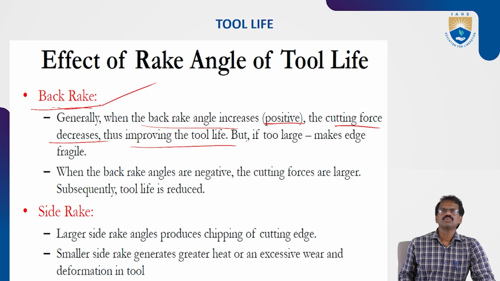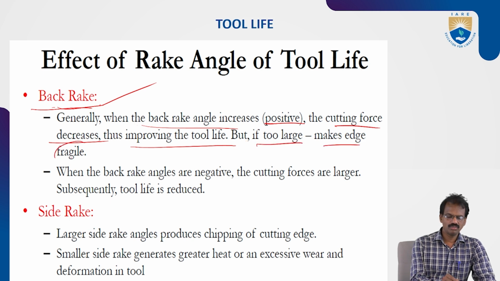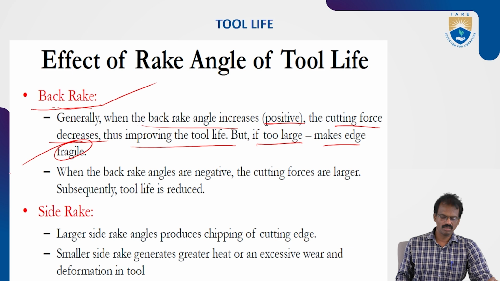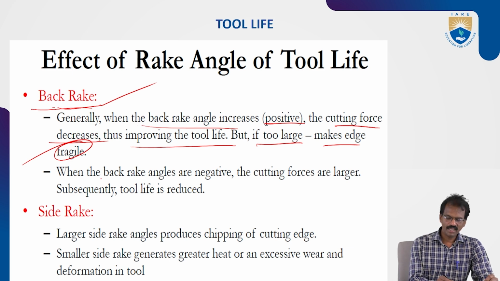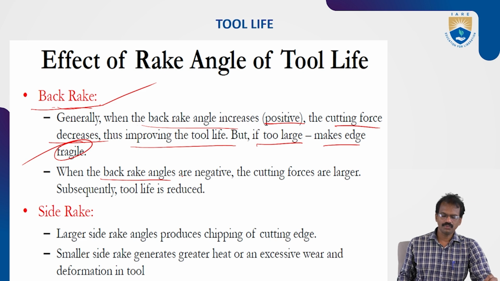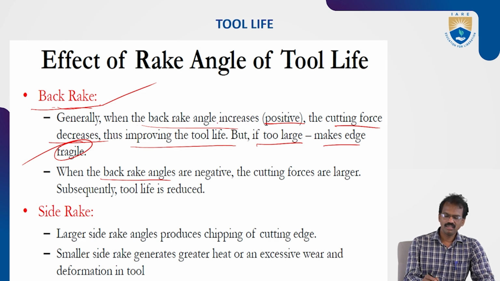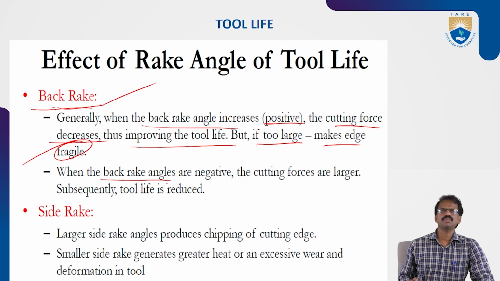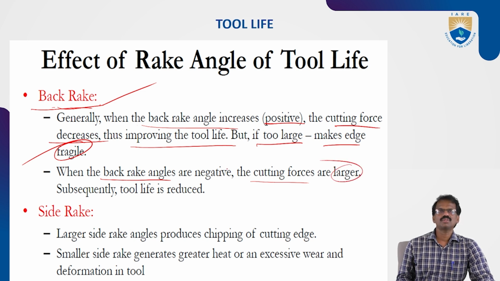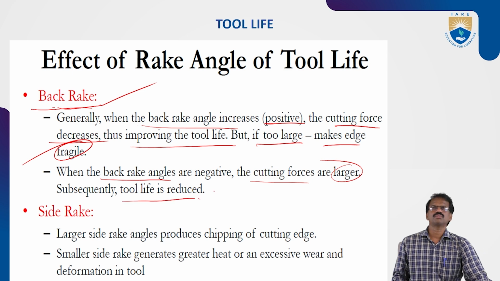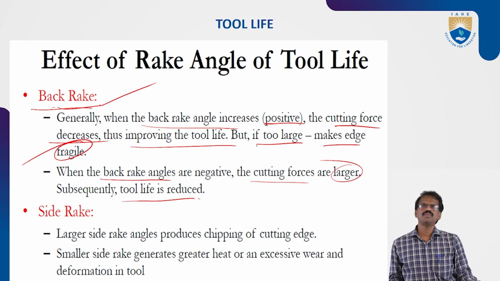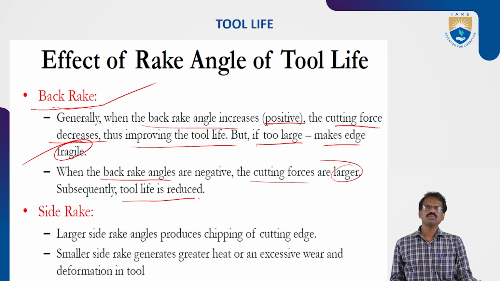If it is too large, it makes the edge fragile, so we should consider that point also. When the back rake angle is negative, we have to apply larger cutting forces, so automatically the tool life is reduced. For the positive rake angle, tool life increases. For the negative rake angle, tool life decreases.